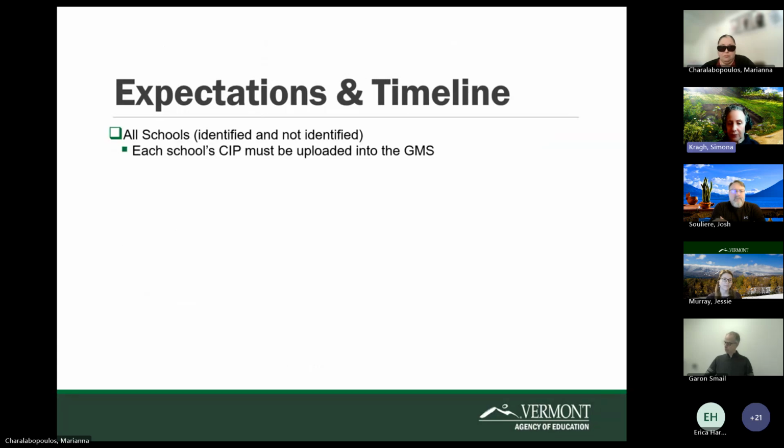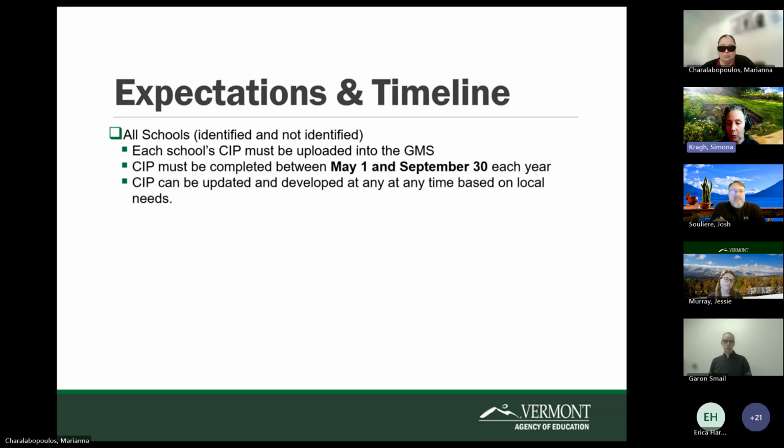All schools, identified and not identified, must upload their CIP in the GMS. CIP must be completed between May 1 and September 30th each year. CIP can be updated and developed at any time based on local needs.